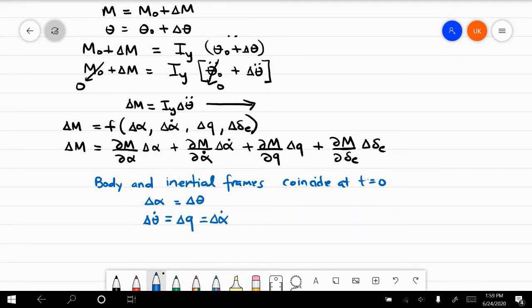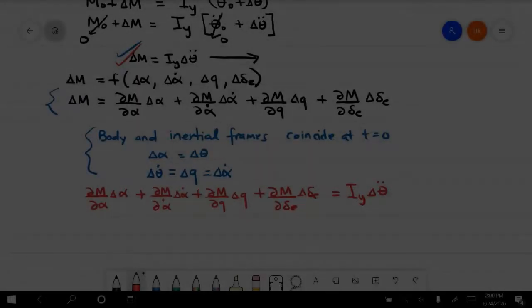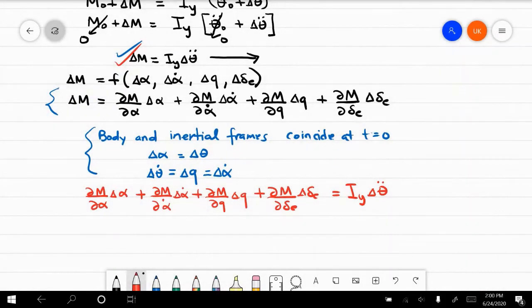Okay, right, so I'm going to use this and this. First, let me make a substitution for delta m in this equation. So this was our aircraft equation of motion. Then see, my goal here is to find how this delta alpha will evolve with time.